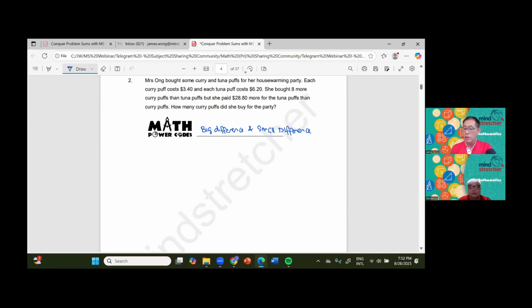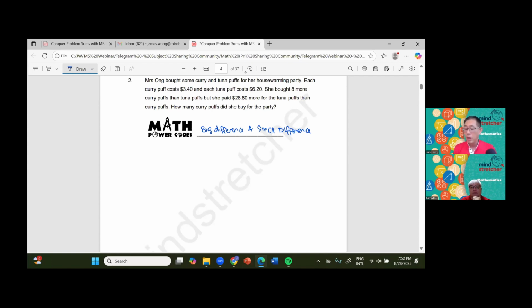What is tricky about this question is that there are two sets of information given to us. One is the number of puffs, the number of curry puffs and tuna puffs. And we also have the amount that the person has spent. So how should we connect these two pieces of information together in order to solve this question efficiently?